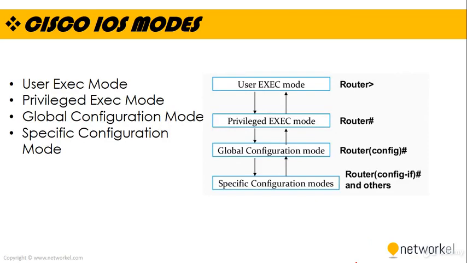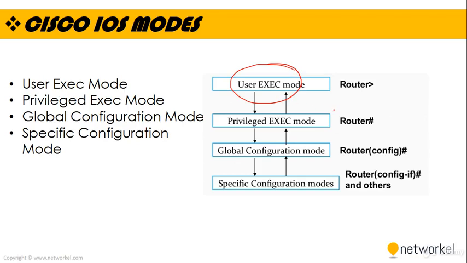Cisco IOS modes. IOS has 4 different modes, guys, and they are user exec, privileged exec, global configuration, and specific configuration modes. User exec mode is the first mode a user has access to after logging into the router.